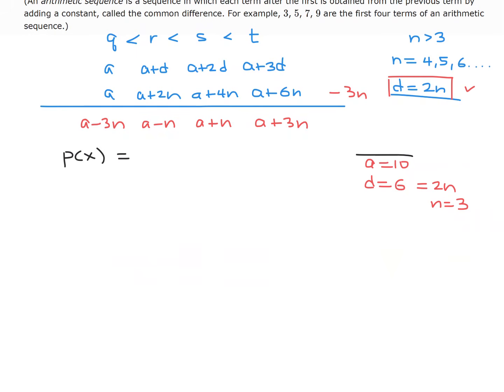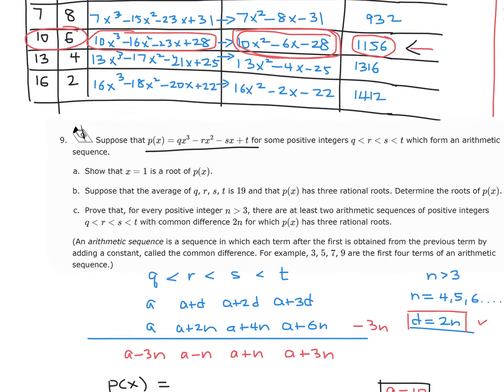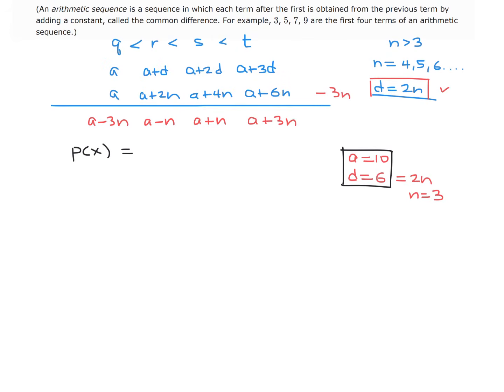When A is 10 and D is 6, we had the following equation: 10x to the power of 3 minus 16x squared minus 22x plus 28. And then remember, we factored out the x minus 1 because x equals 1 is a root. So then that allowed us to get this 10x squared minus 6x minus 28.